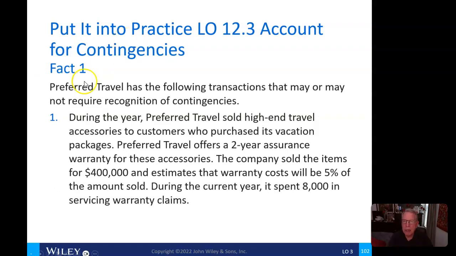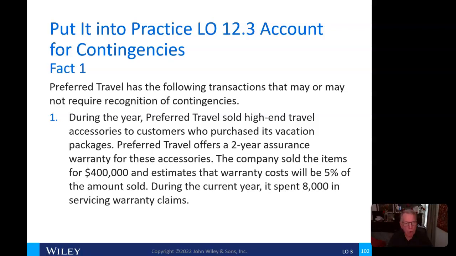Now, here, we'll put this all into practice. Preferred Travel has the following transactions that may or may not require recognition of contingencies. Number 1, during the year, Preferred Travel sold high-end travel accessories to customers who purchased its vacation packages.